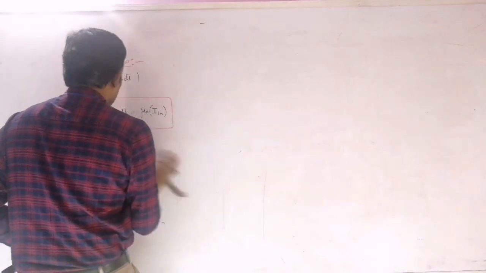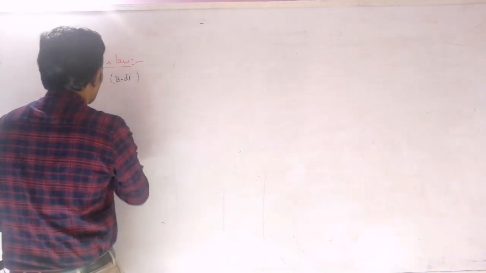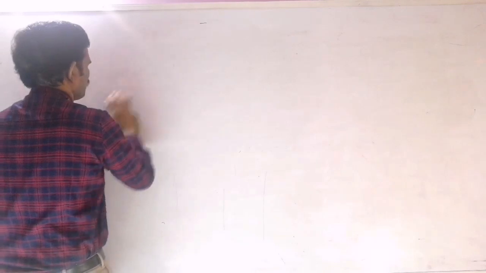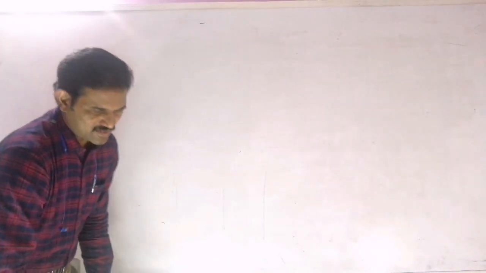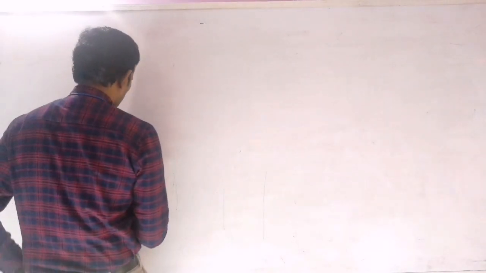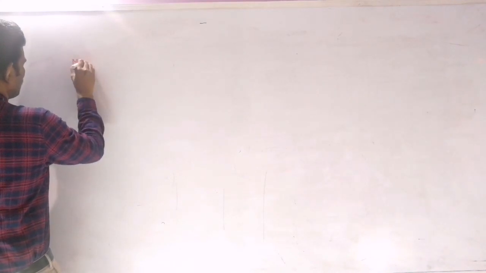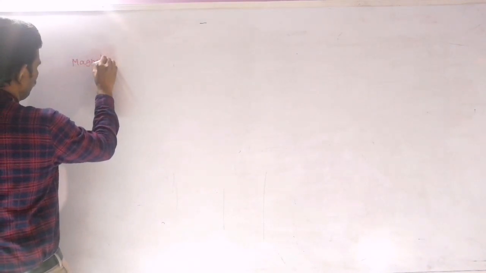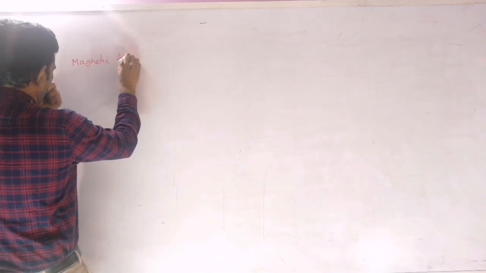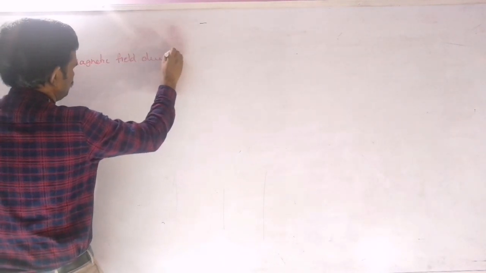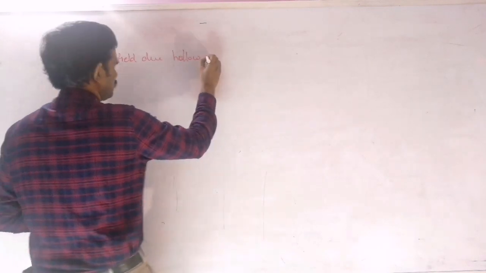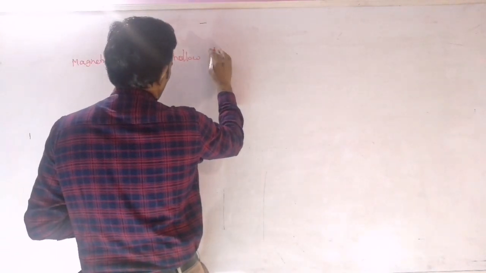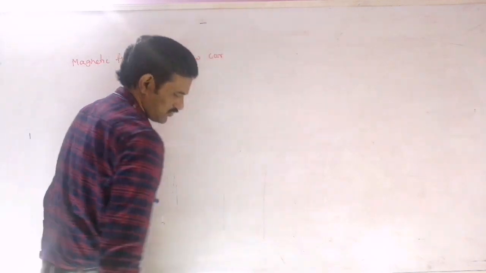These are some points you need to remember while applying Ampere's law. Now let us see some derivations based on this. First I am writing the magnetic field due to a hollow cylindrical pipe.